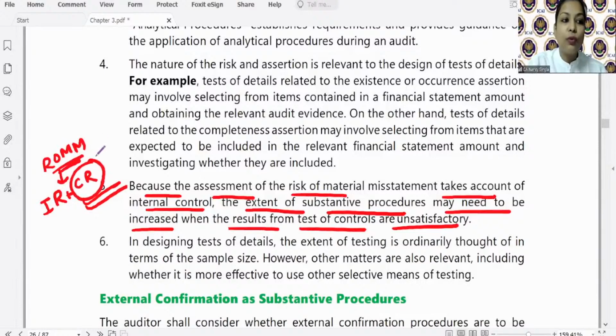And control risk is what? Risk associated with internal control. So it says that the extent of substantive procedure may need to be increased when results of test of control are unsatisfactory.